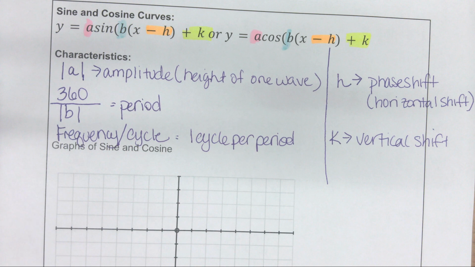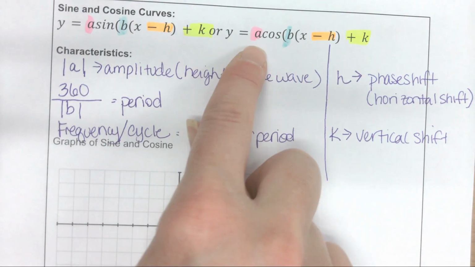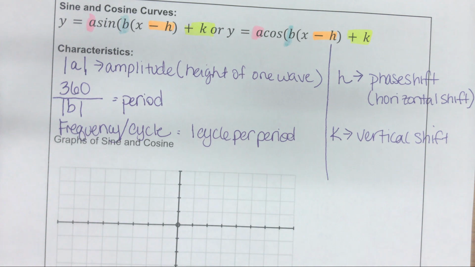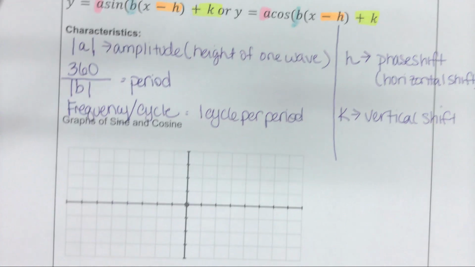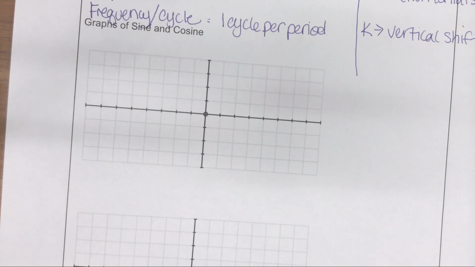But like I said, today we're gonna just look at changing the amplitude and period and how that affects the graph. All right, first of all, what I would like us to do is just graph the sine and cosine curve like we did on our big piece of paper last week.